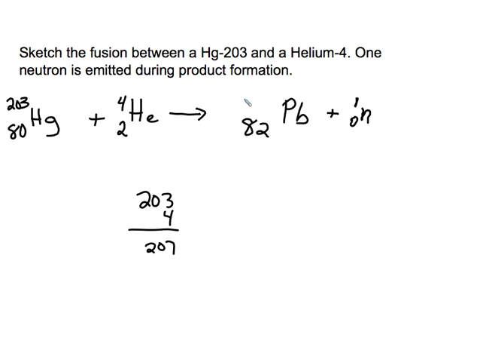And so the mass of our lead over here has to be 206, because 206 plus 1, if we add those together, that's going to equal 207. And 203 plus 4, that equals 207. So the mass on the left has to equal the mass on the right in this case. All right, so we get lead 206. Okay, that's it. I hope you have good luck with these.